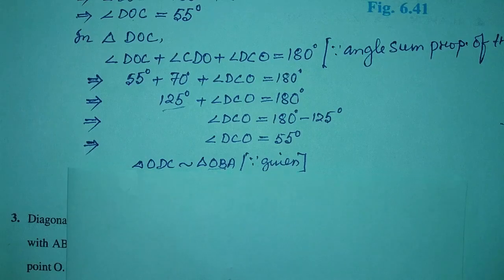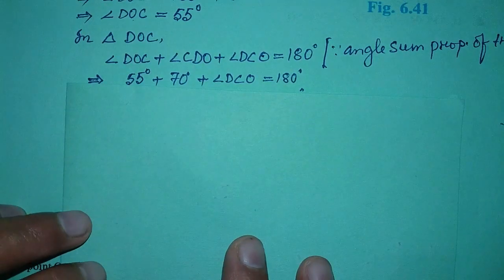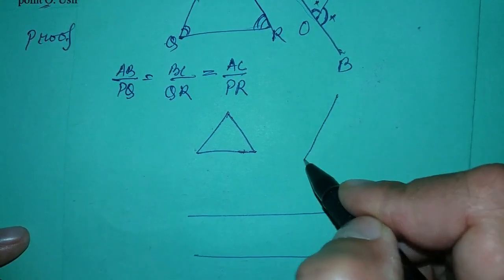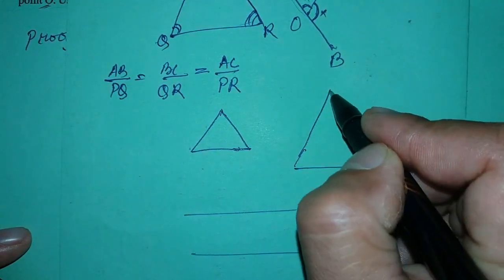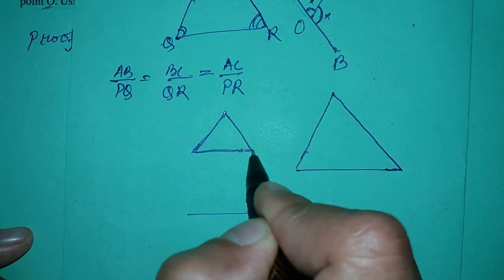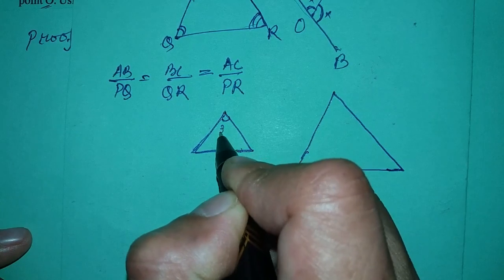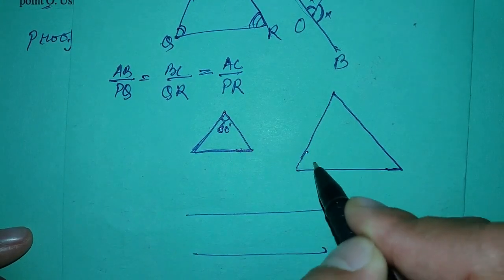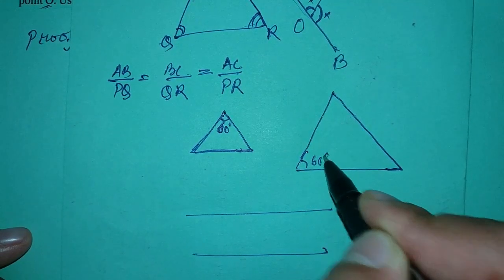There is one very important thing which you have to know here. Supposing we have a triangle like this, as I have already explained. Let me explain it here again so that you don't get confused next time. Let's say this is 60 degrees, this is 50 degrees, and this is 70 degrees, and in the other triangle also 60, 50 and 70.